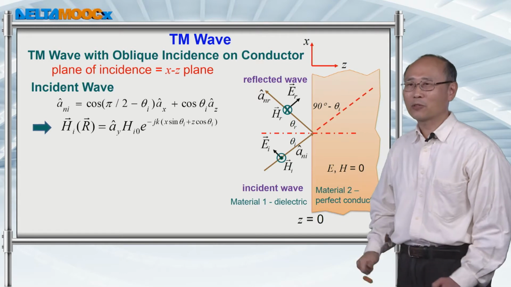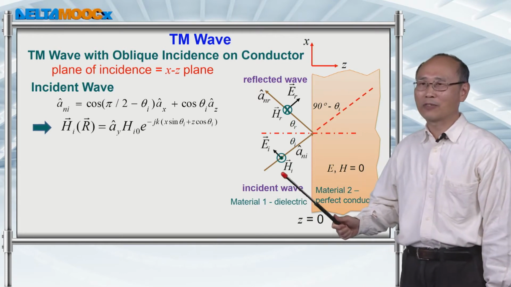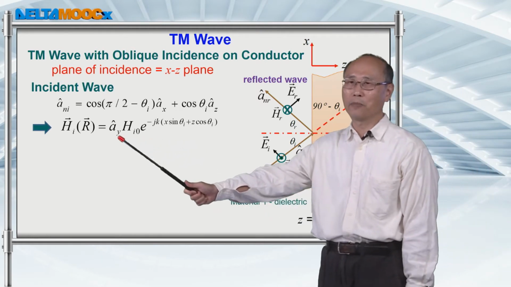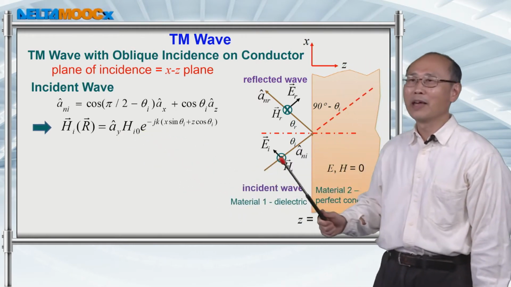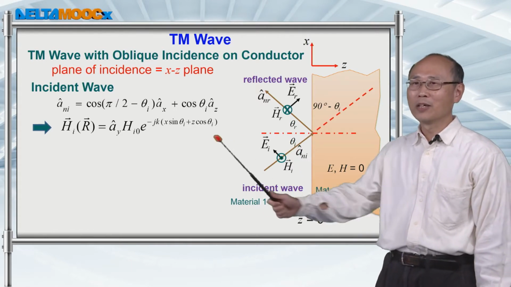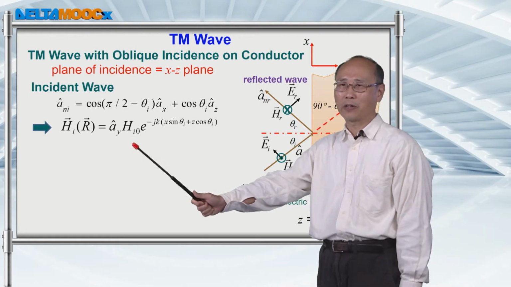So let's first write down the expression of the transverse magnetic field, because you only have one component. It's easier to write. And you also know the propagation direction by knowing this incident angle theta_i right here. So you can write down this expression quickly.